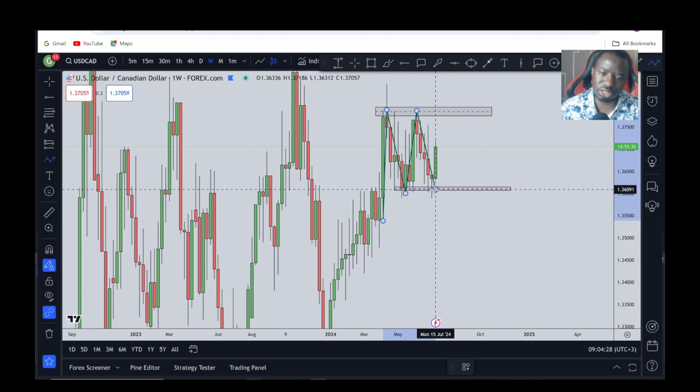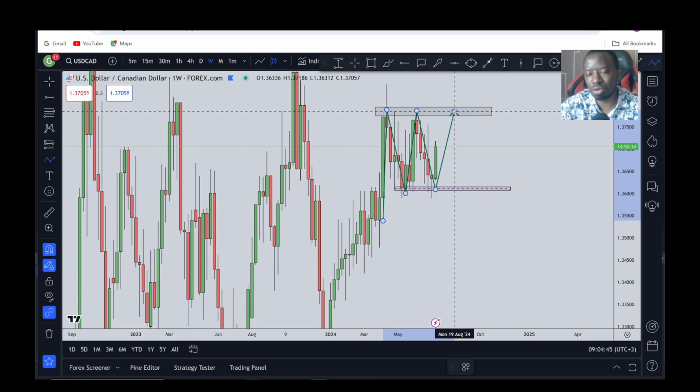And now it's in the process of bouncing off this tested support back to the upside, and we expect it to come to the range high right here. So the weekly, just like the monthly, is also bullish as far as the bias goes.